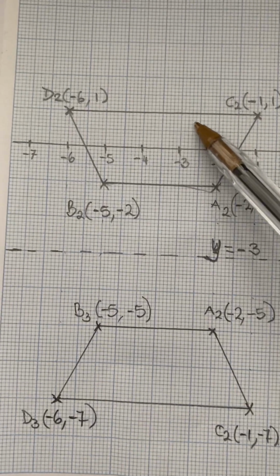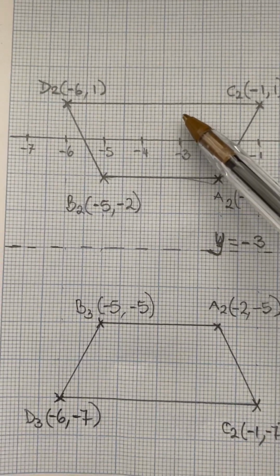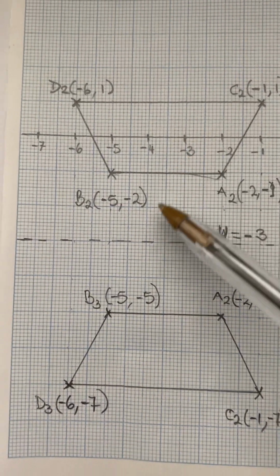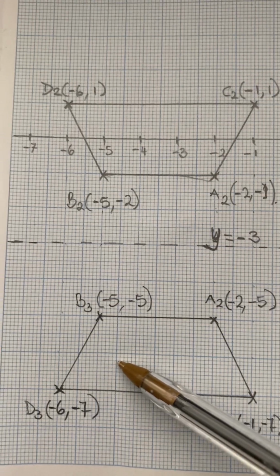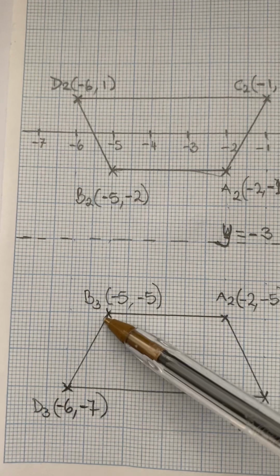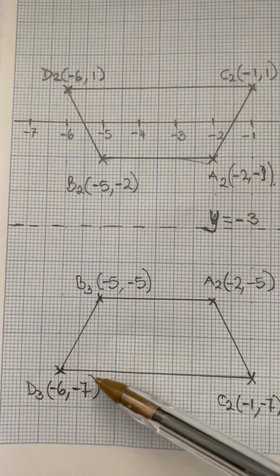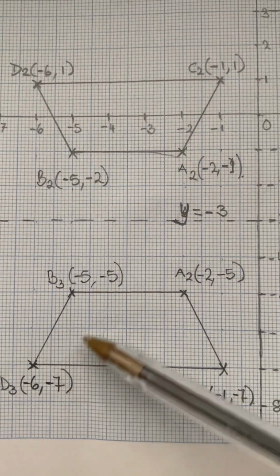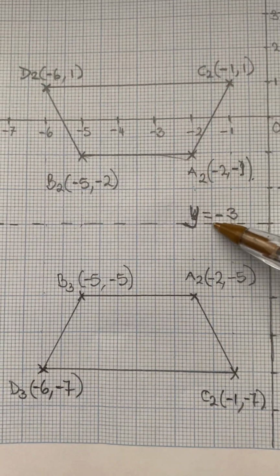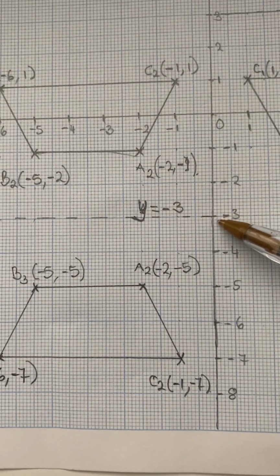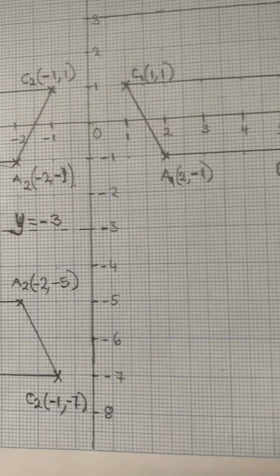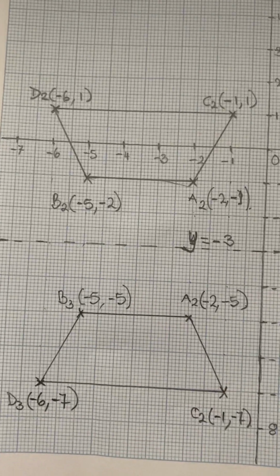Now this is my new object, and I need to reflect it on y equals -3 to get a new image: A3, B3, C3, and D3. So let's take A2. That is the line y equals -3, because on this line all the y coordinate all to this place is -3.